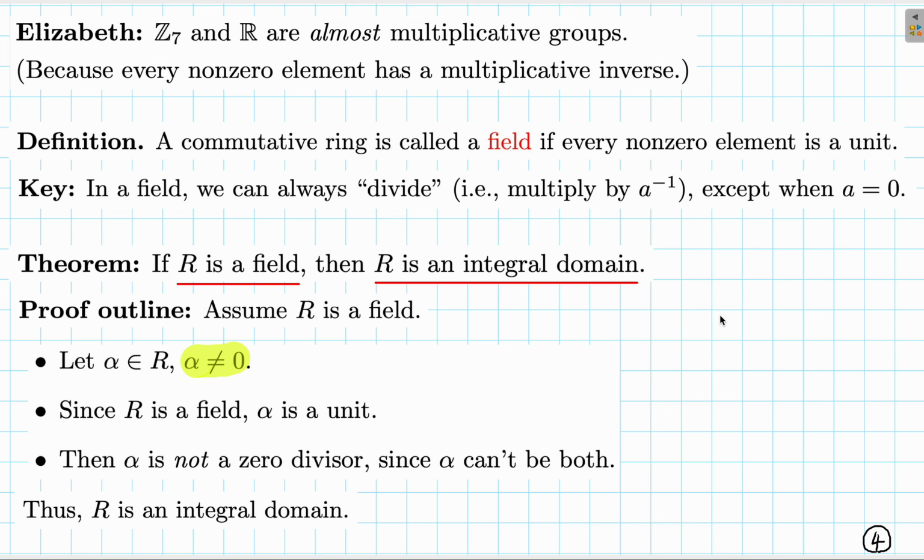Recall that Z is an integral domain, but Z is not a field because not every non-zero integer has a multiplicative inverse. In fact, most non-zero integers do not have a multiplicative inverse. So once again, Z is an integral domain, but it is not a field. And therefore, the converse of this theorem is false.